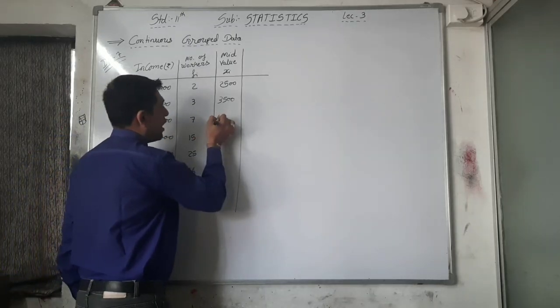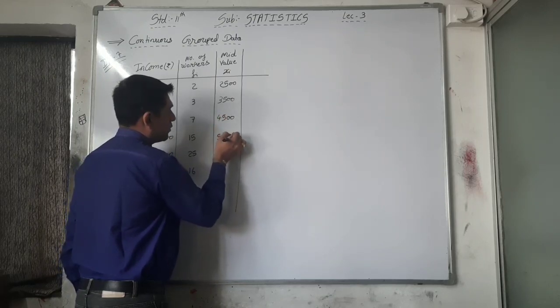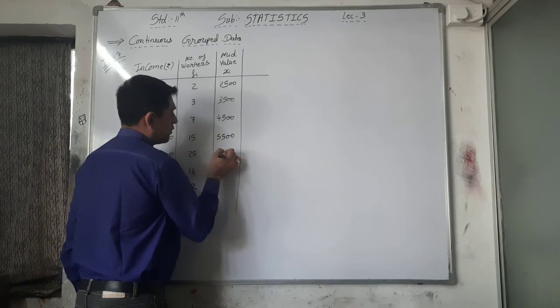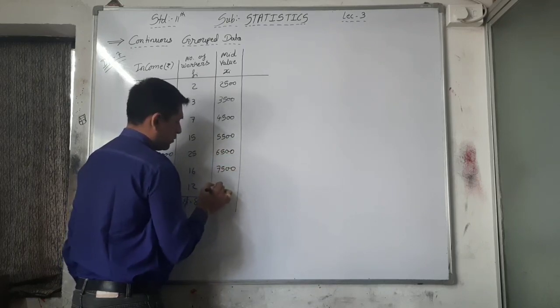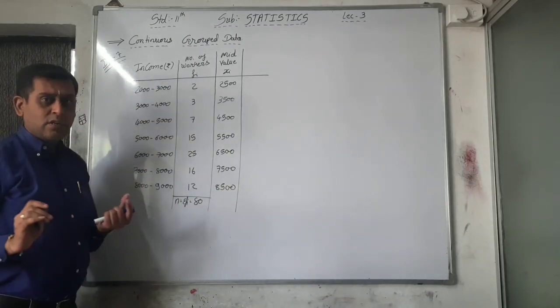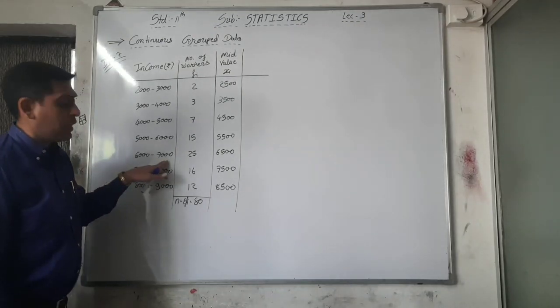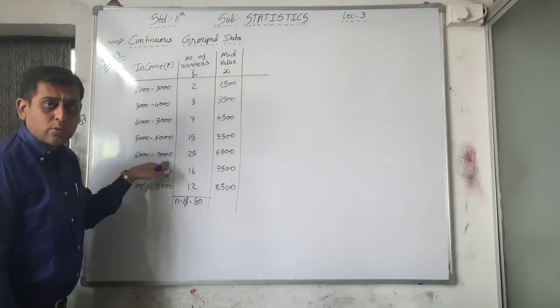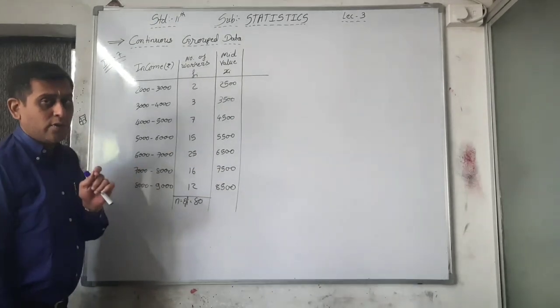So here I am writing that, and you can just tally any of these. 6000 plus 7000, that is 13,000. 13,000 divided by 2, that is 6,500.